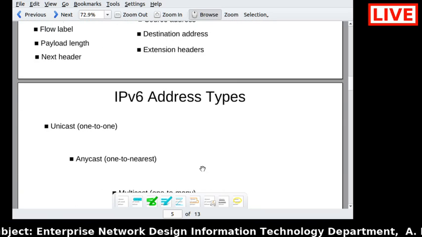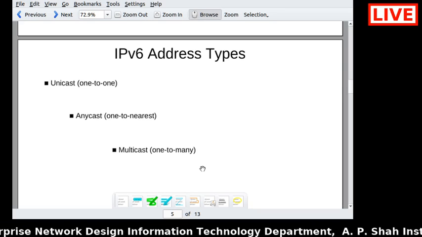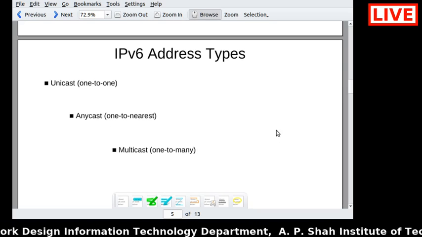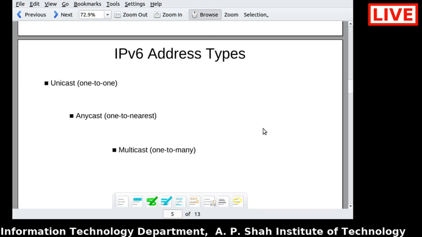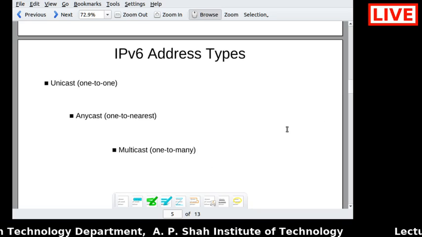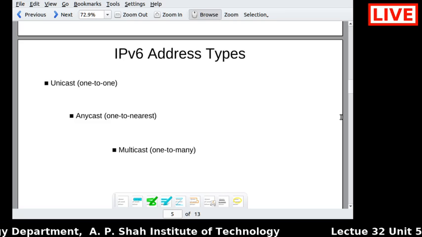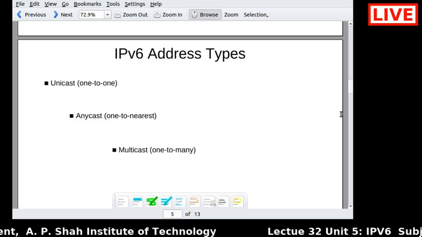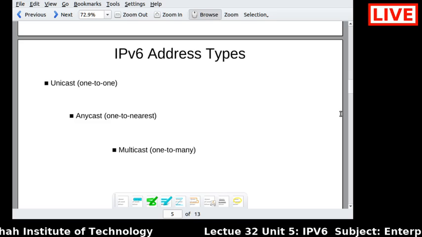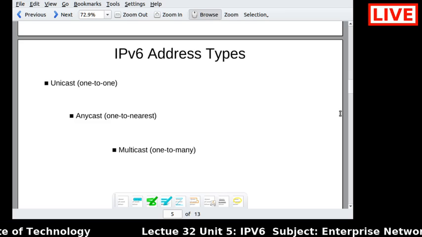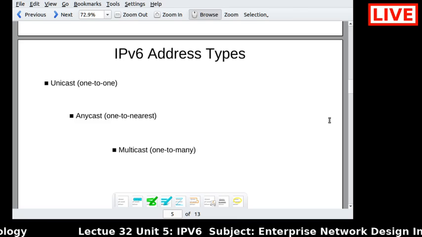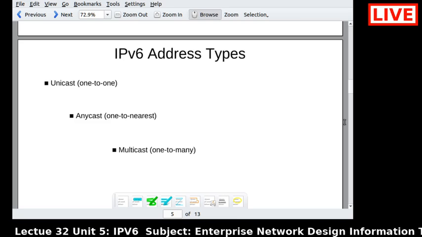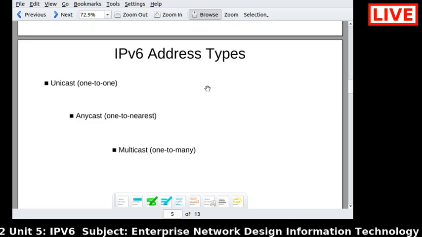Then we will see the IP addressing types, right? So you already know unicast, anycast, and multicast. Unicast is nothing but your one-to-one addressing, similar to your IPv4 addresses. So IPv6 unicast addresses are for a single source to send data to a single destination, that means only one-to-one communication.